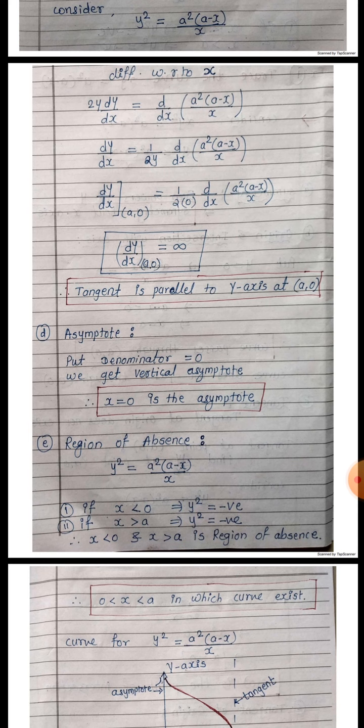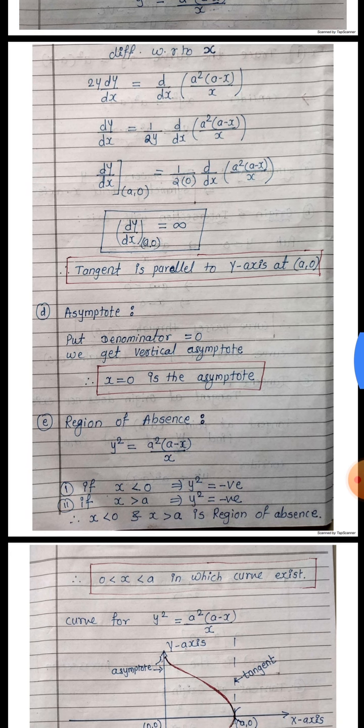Don't find the derivative, write the term as it is. Now for simplification, we write this 2y of the LHS on the RHS. Therefore, we get dy by dx is equal to 1 upon 2y into the derivative of the term.